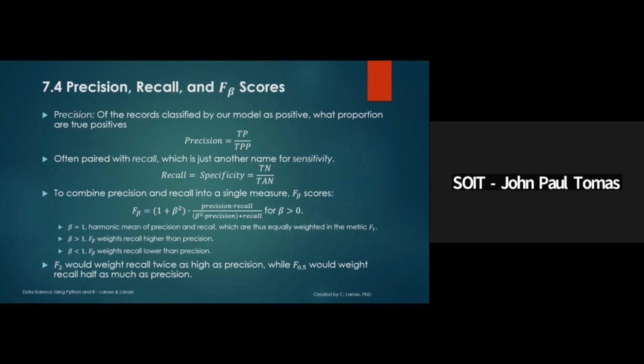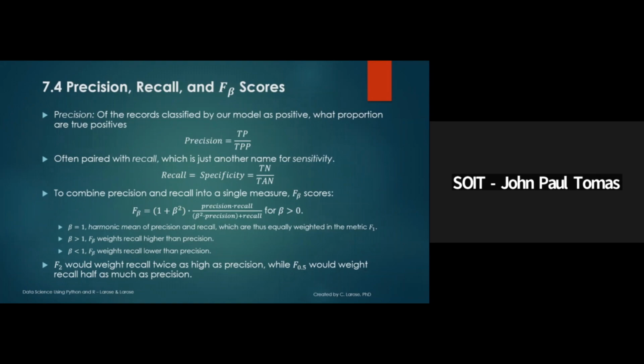This metric addresses the question, and it is more in the field of information retrieval: what proportion of the selected items is actually relevant? This metric is often paired with your recall, which is another name for your sensitivity.